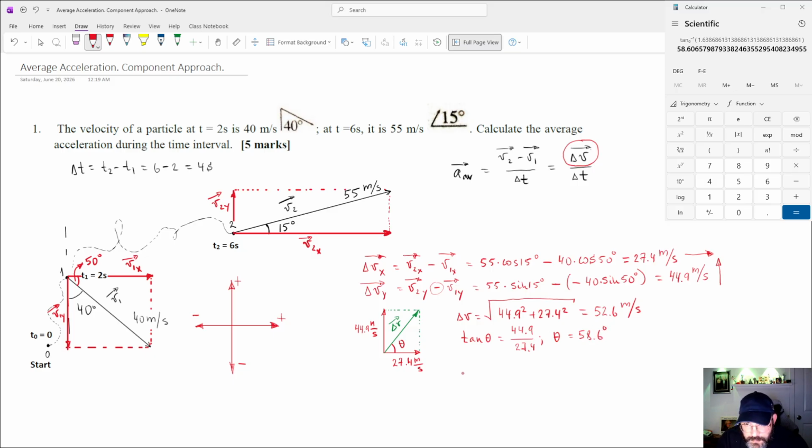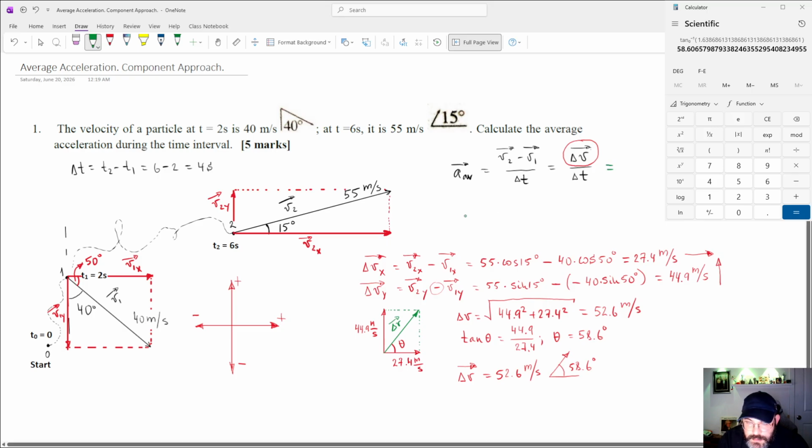Okay, so our delta V is equal to 52.6 meters per second at 58.6 degrees relative to the horizontal line. Let's finish this calculation. It's again exactly the same as in the previous problem.